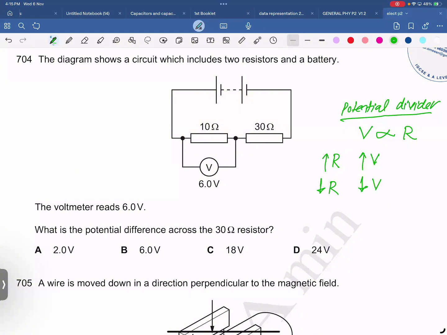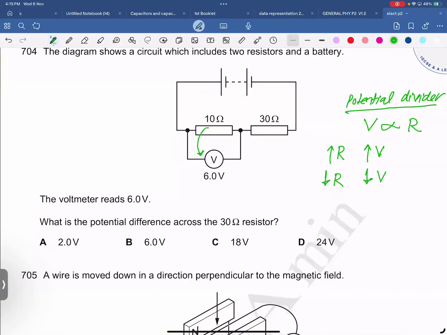If you look at this, for 10 ohms, it is 6 volts. What is the potential difference for 30 ohms? Crisscross: 10 ohms, 6 volts; 30 ohms, how many volts?